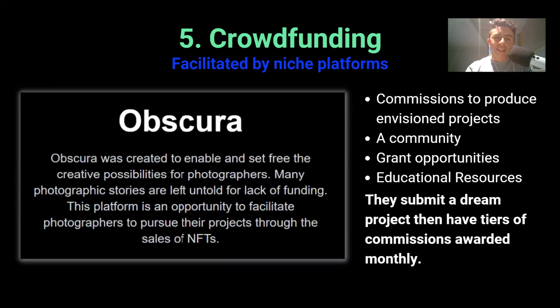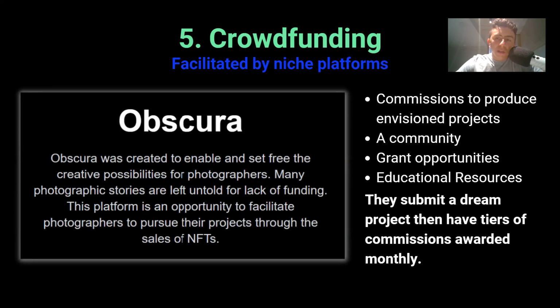It's mind-boggling. But wait, there's more. This is another example of a niche platform. Obscura is for photographers. This is beautiful. They say, many photographic stories are left untold for lack of funding. This platform is an opportunity to facilitate photographers to pursue their projects through the sales of NFTs.